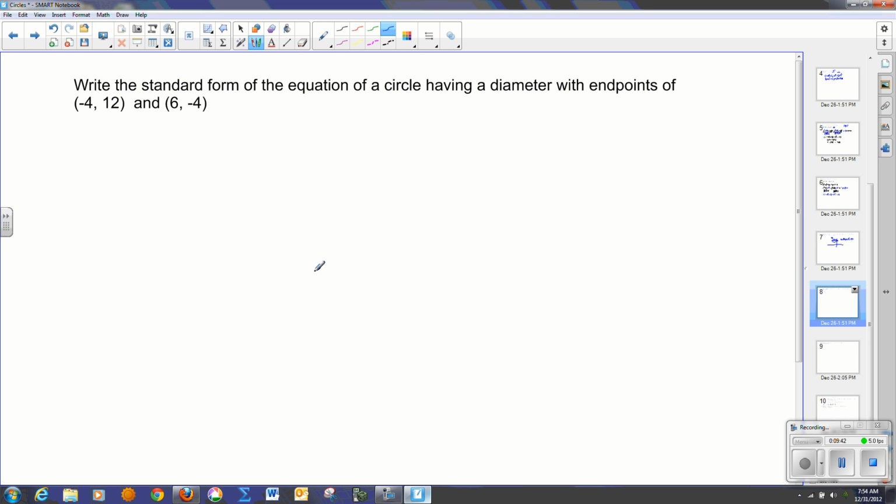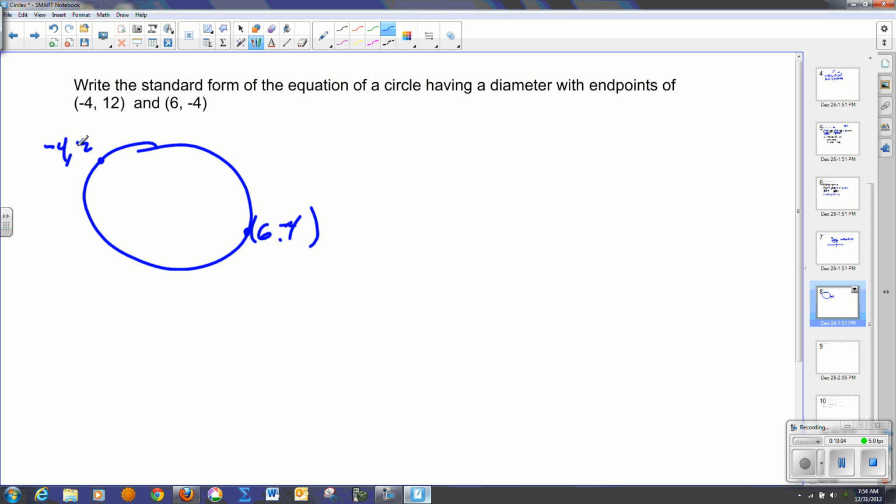Next thing we're going to do is we're going to write the standard form of the equation given a diameter with certain endpoints. So again, here's a circle. I've got the diameter, 6, -4 here-ish, and -4, 12, say here-ish, and I need to write the equation of this circle. Well, I know if this is the diameter, halfway between that gets me my center.